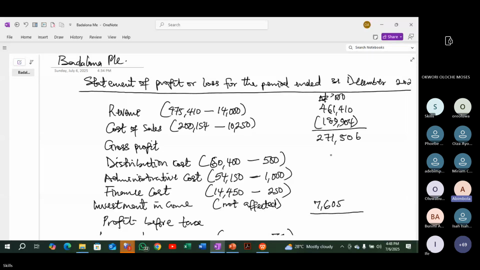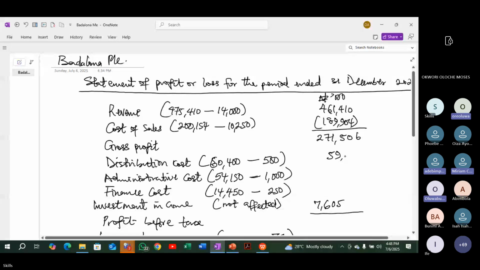Admin cost: 53,150. Finance cost: 14,200.